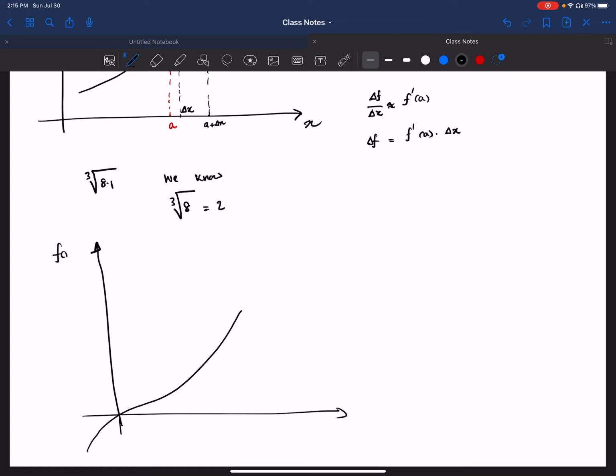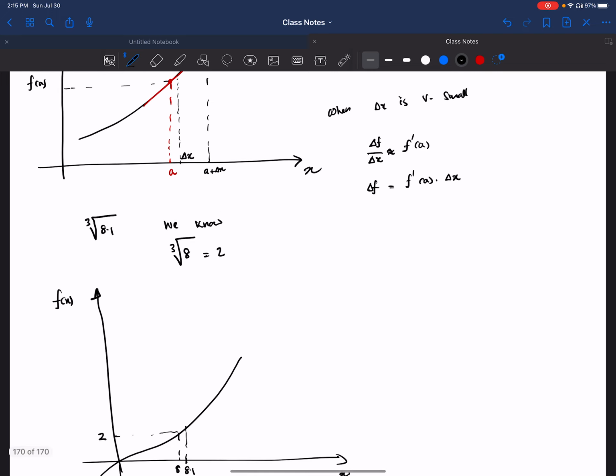So that is f of x. This is x. And we exactly know that at 8 it is 2, and 8.1 is pretty close to that. We can approximate with the function f of x equal to x to the power 1/3.